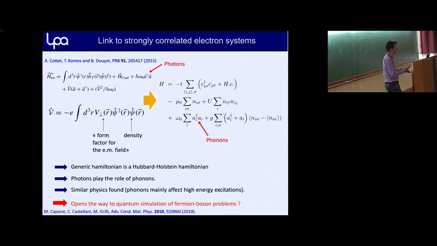I have no example. I think there are some theoretical works devoted to this problem, to enhance... I don't remember the reference, but some kind of enhanced superconductivity for this kind of cavity setup with a 2D electron gas. But I think this is the idea of what you say, right?